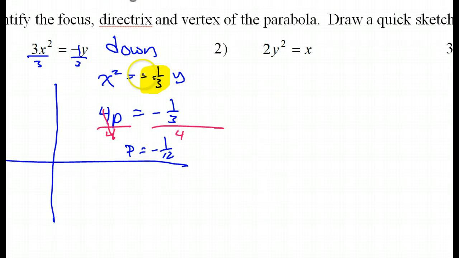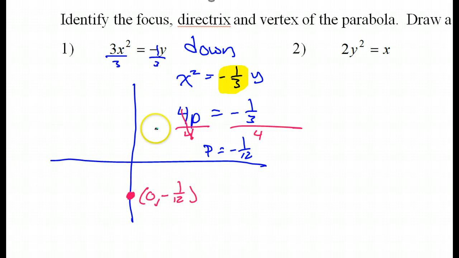Now we knew this would be down. The p value tells you how far down your focus is going to be. So here's my focus, okay? So this has to be 1/12 of the way down. So that tells me that this is going to be 0, negative 1/12. Okay, we know the directrix has to be this horizontal line in the opposite direction.